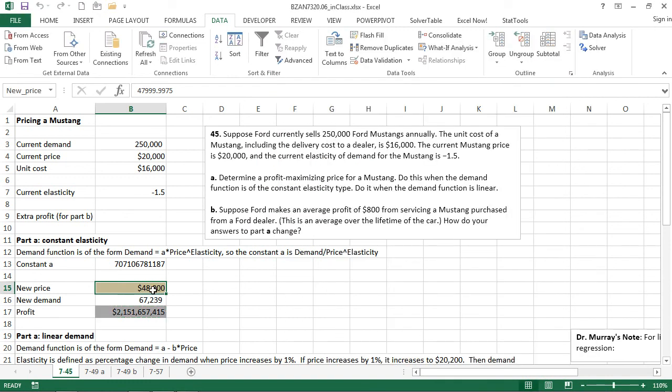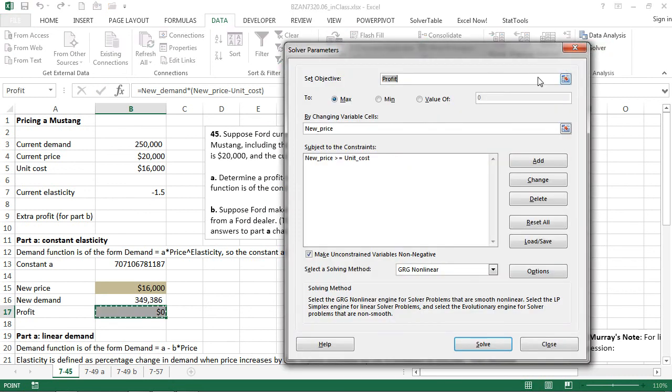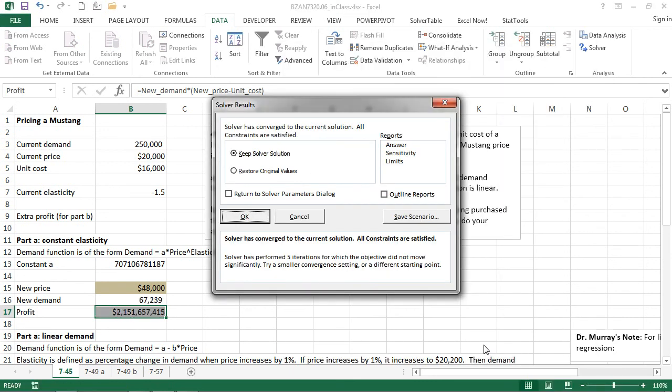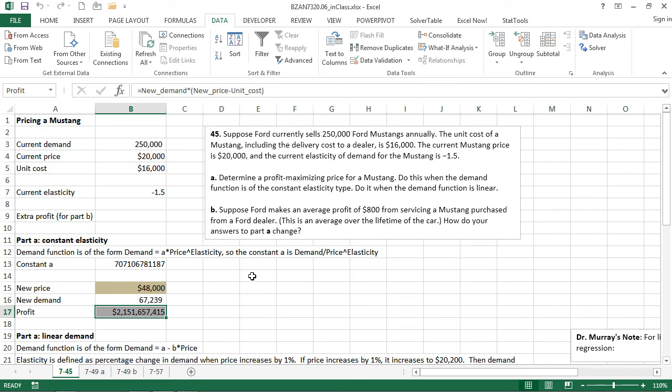Let me go back and put this at 16,000 because that was my starting point. So now I'm not using multi-start. I'm at 16,000, and I've only got the one constraint. So now I click on solve, and in this case, you're right. I got to 48,000.